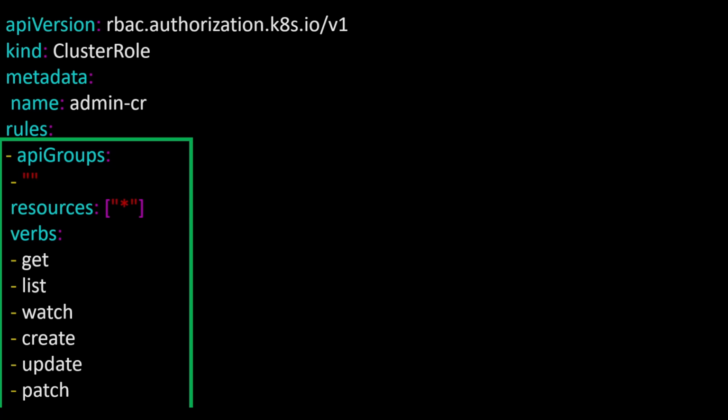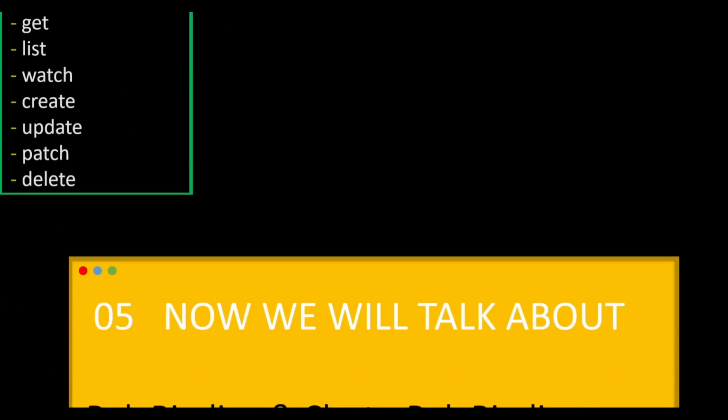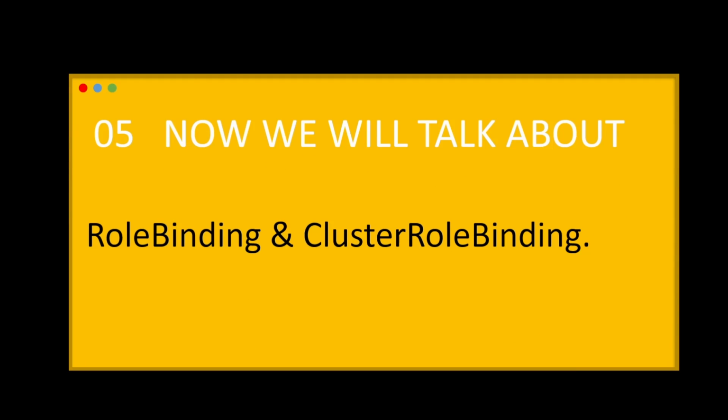As of now, we know what role and cluster role are. These are only the rules, right? We can implement these rules on users. Again, we have different objects which manage the user profile. These objects are named role binding and cluster role binding. We created a rule that we called the role object.